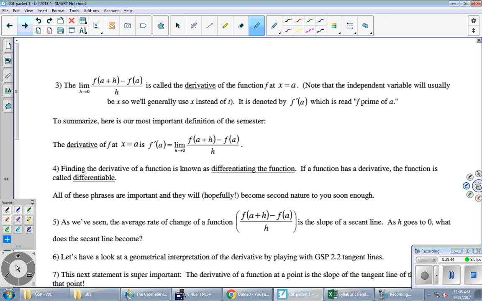So our most important definition of the entire semester is this one right here. It says that the derivative at a particular number a is denoted f prime of a, and it is this thing with the limit and the difference quotient.